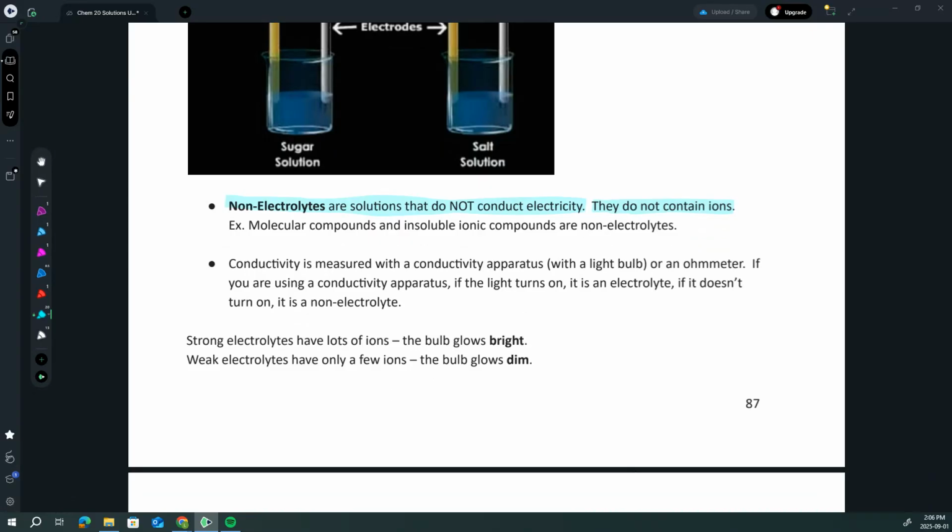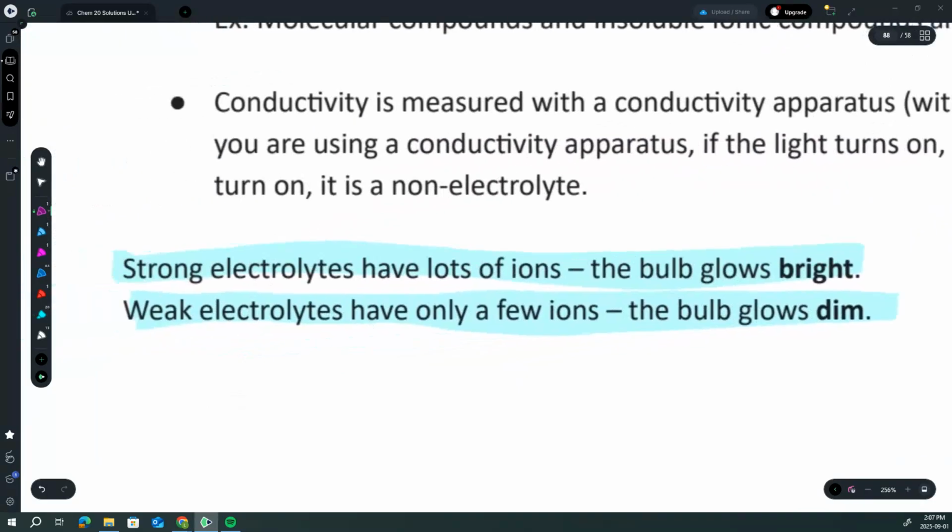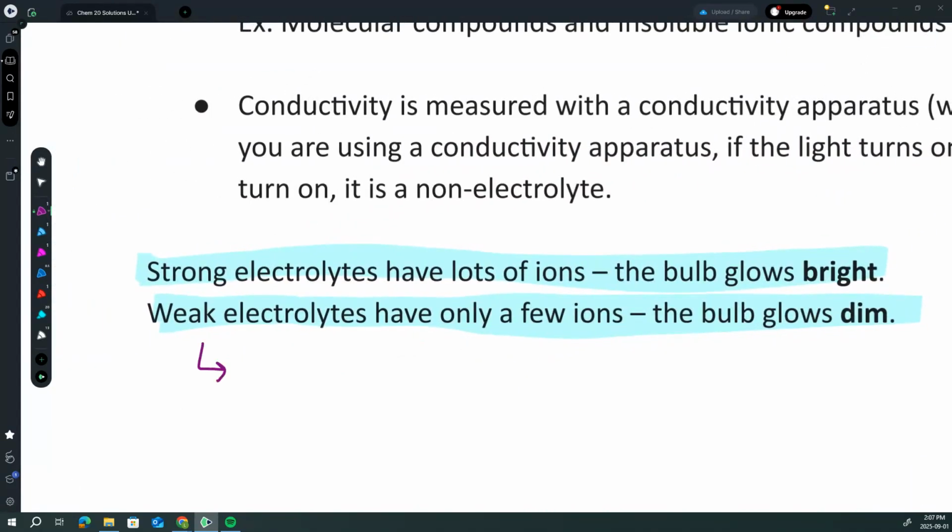So strong electrolytes are going to have lots of ions present in solution, so that's going to cause the light bulb to glow quite brightly. We saw that in the video with both hydrochloric acid as well as sodium hydroxide. Weak electrolytes only have a few ions, so the light bulb doesn't glow as brightly, and we saw that with the vinegar solution. Okay, so weak electrolytes would typically be your weak acids, such as vinegar.